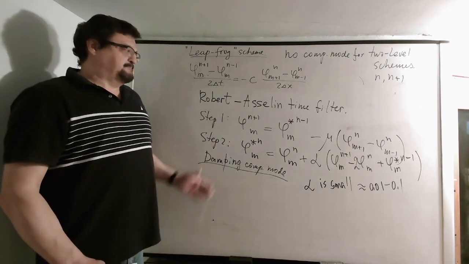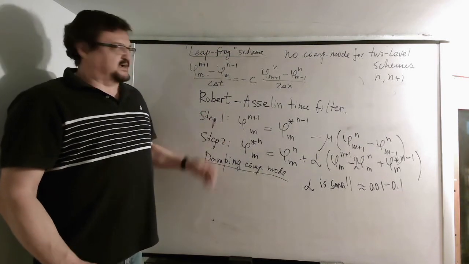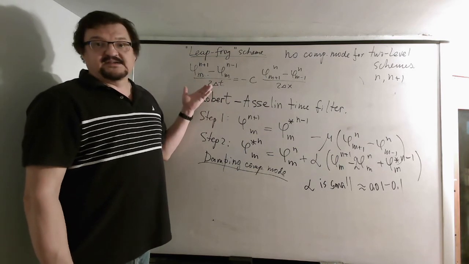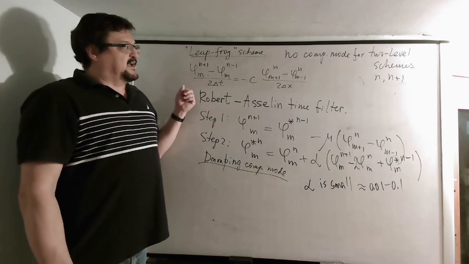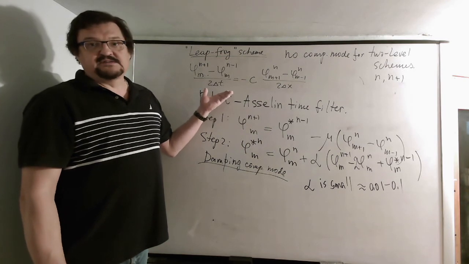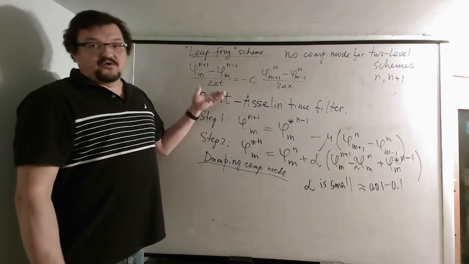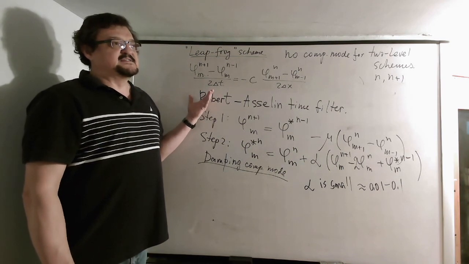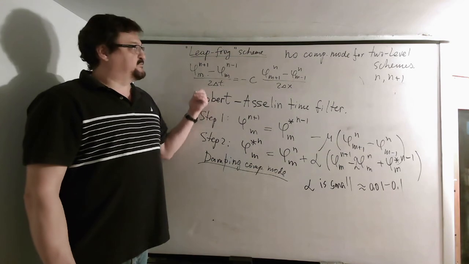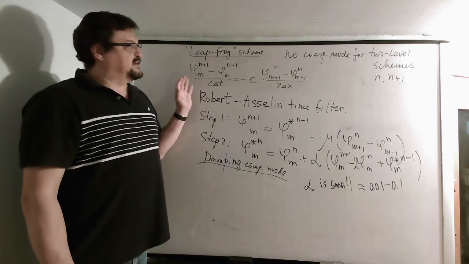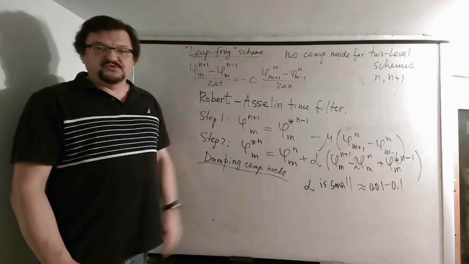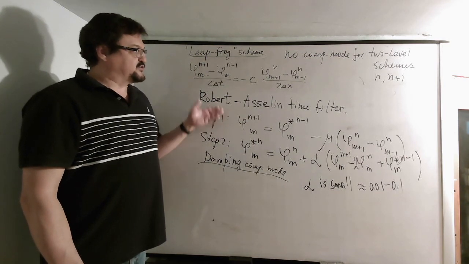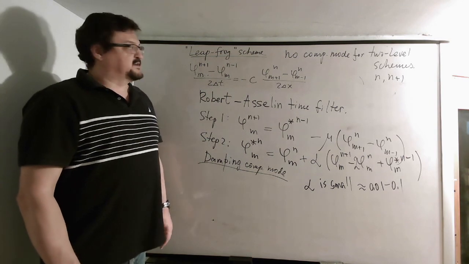But many people use this scheme in their research because of the nice property that it's not dissipative by itself and has relatively small dispersion error for longer wavelengths. So for phenomena where you really need accurate representation of speed of waves, probably this scheme is preferred. It's a pretty good scheme, but you would have to use some filter, like this Robert-Asselin time filter, in order to make this scheme work at all.